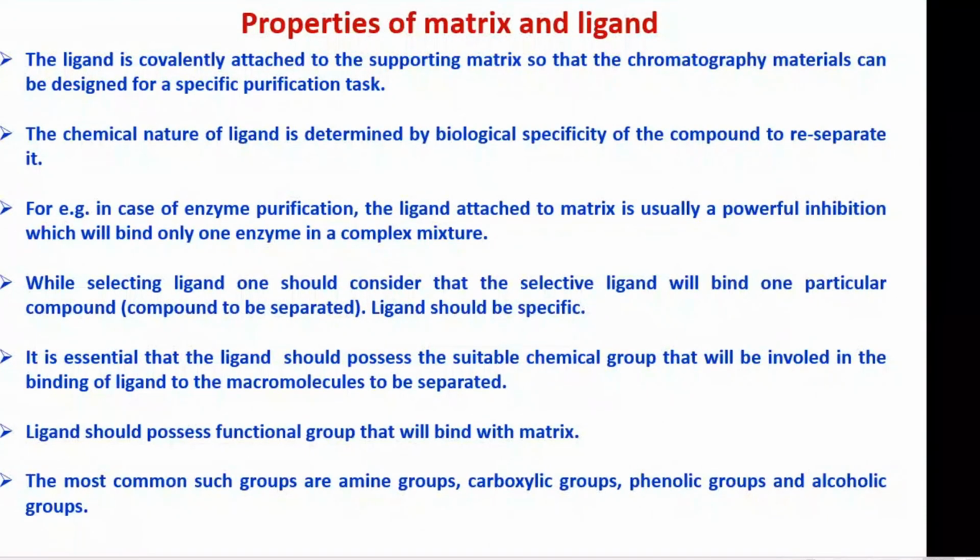specific groups to interact with the ligand so that it can form a covalent bond, right? And the ligand should possess functional groups that will bind with the matrix. The matrix already has some groups, and these groups should also bind with the ligand molecule.